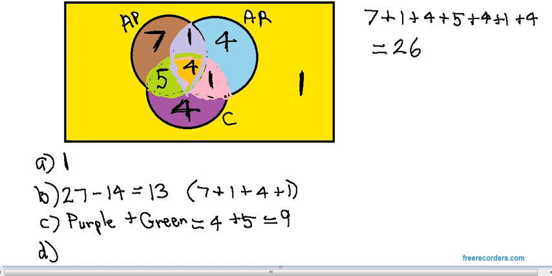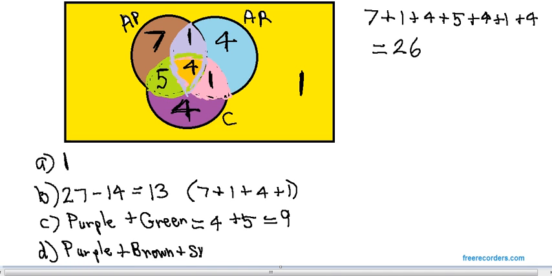And the last part of the problem, part D, says how many players fell into exactly one of the 3 categories. Well, the purple region is only in the cheating category, not in either of the other 2. The brown region is only in one of the 3 sets. It's in the academic probation set, but not in cheating or arrest record.